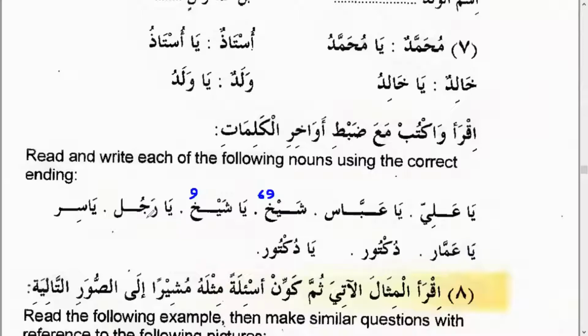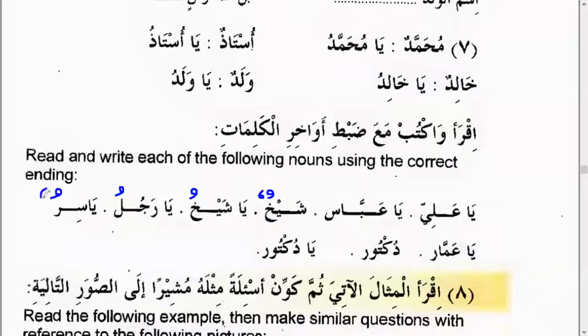This one. Ya Rajulu. Yes. Ya Rajulu. Naam, barakallahu fi. This one. Yasirun. This is a tricky one. Why? You might think, oh, this is a ya, and you're calling someone called Sir, right? So you might say, Yasiru. No, no, no. This is a name.